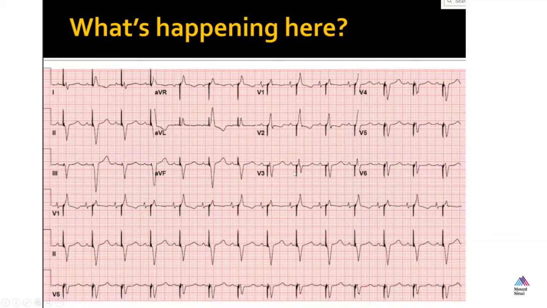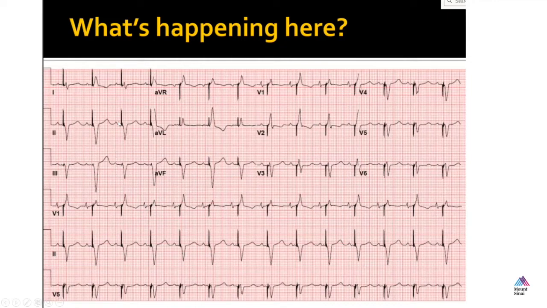There's AV synchrony on the tracing. If it were just straight VVI pacing without AV synchrony, the relationship of the P waves to the paced complexes would vary throughout the tracing, right? So the fact that we see a P wave before every QRS and that it has a PR that's kind of similar is actually suggestive.